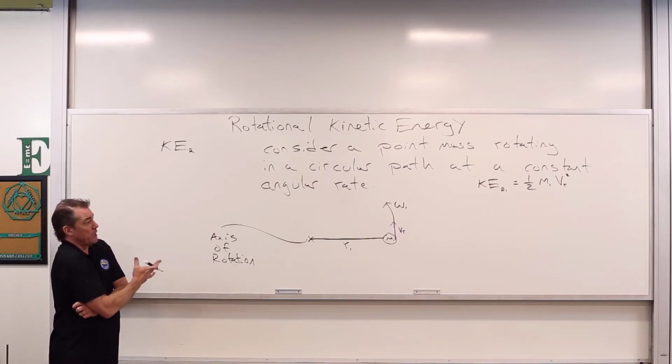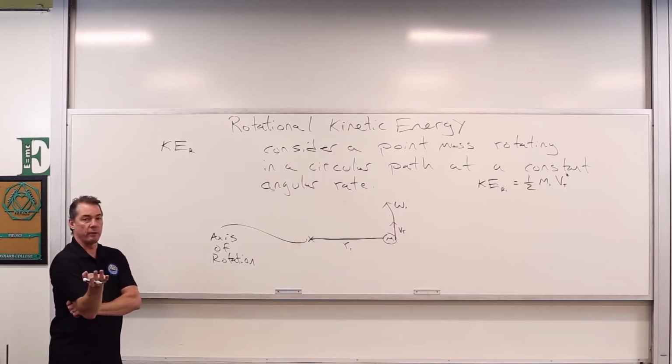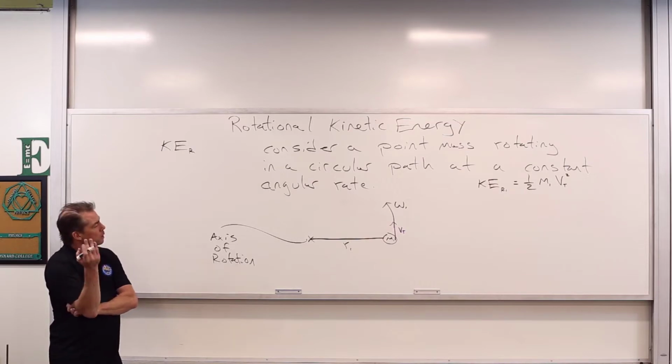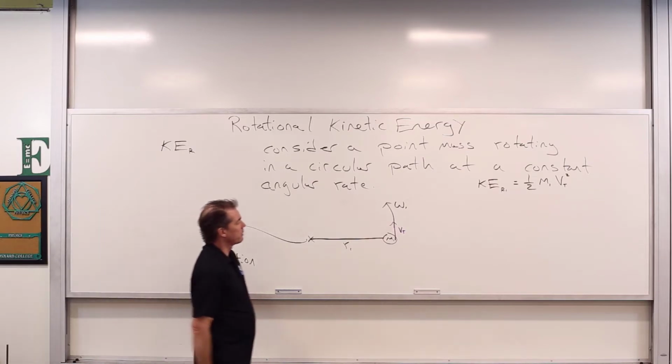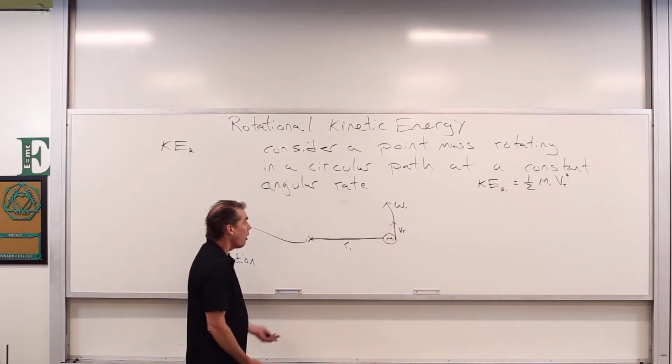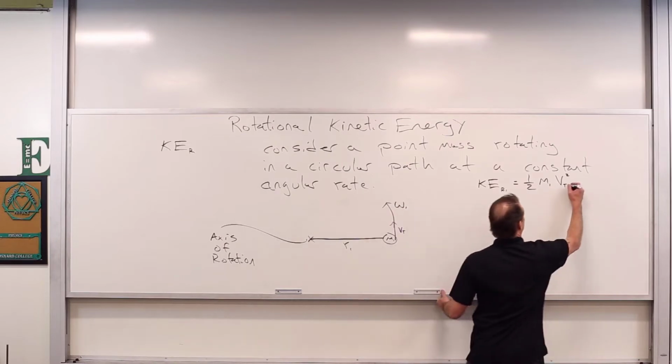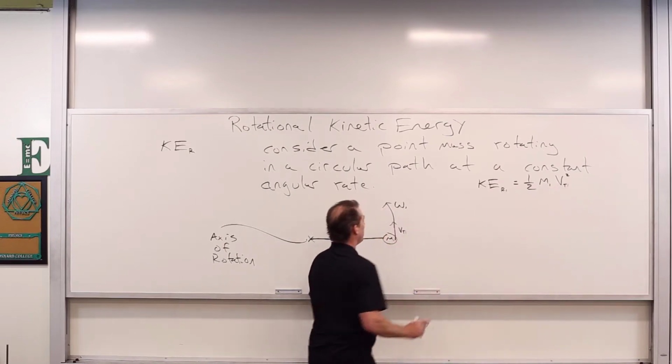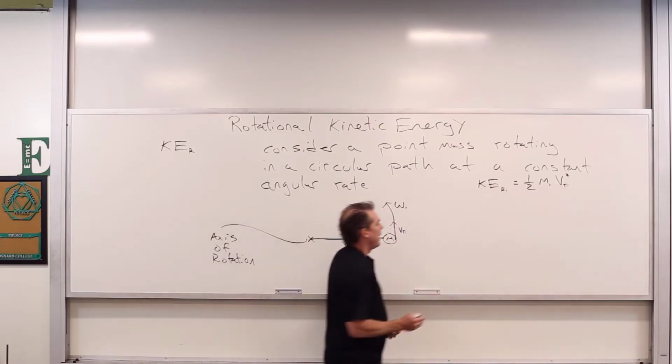So that's fine. That's just our old notion of kinetic energy, 1/2 mv squared. Let's write it in terms of the rotational quantities, though. Let's write it in terms of omega and r. Let me put a little subscript 1 there, so that we know.